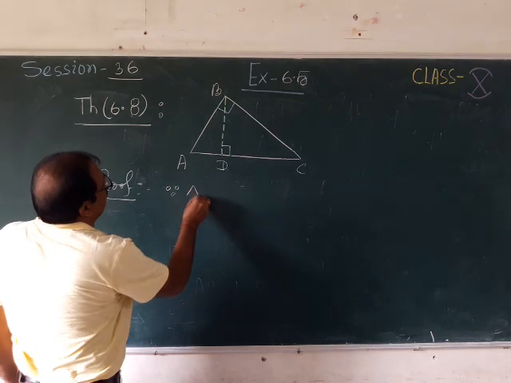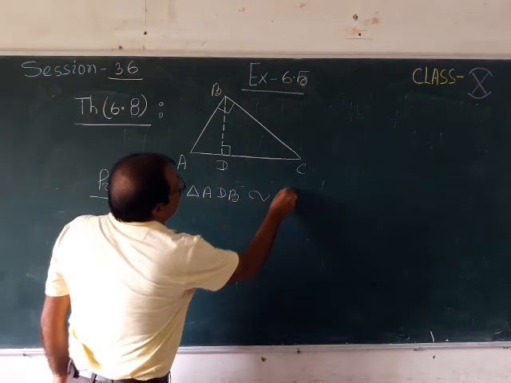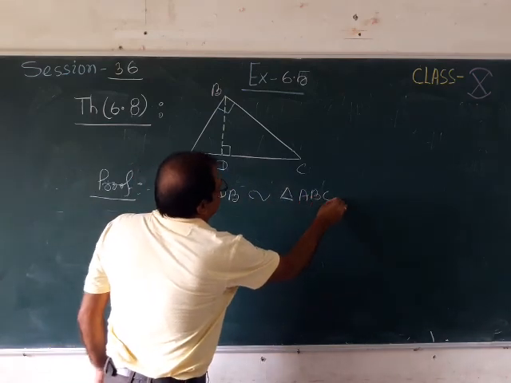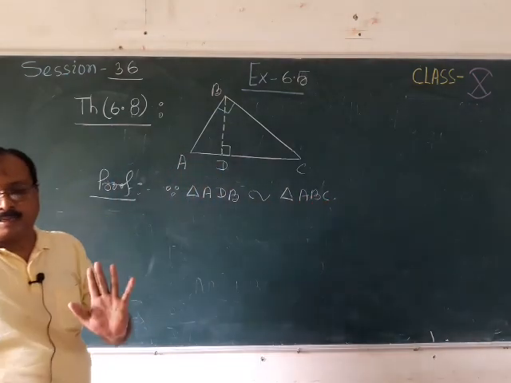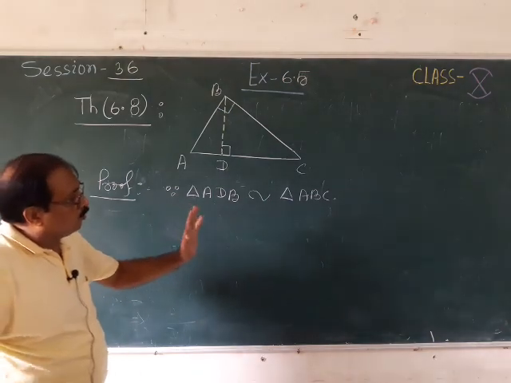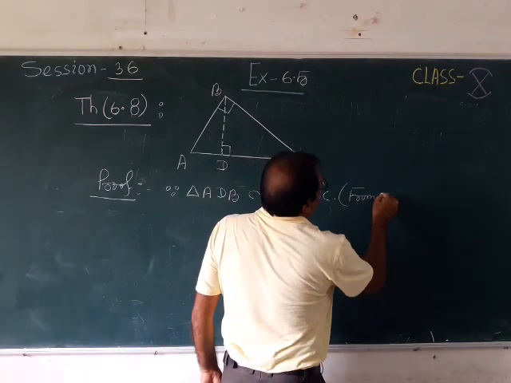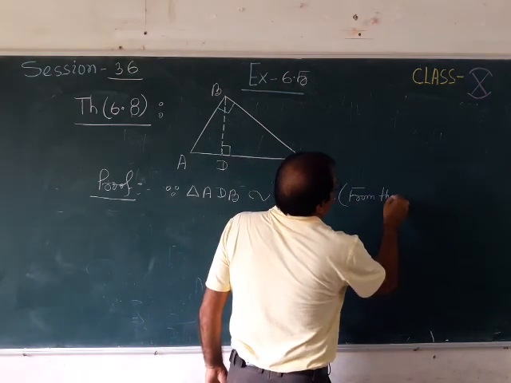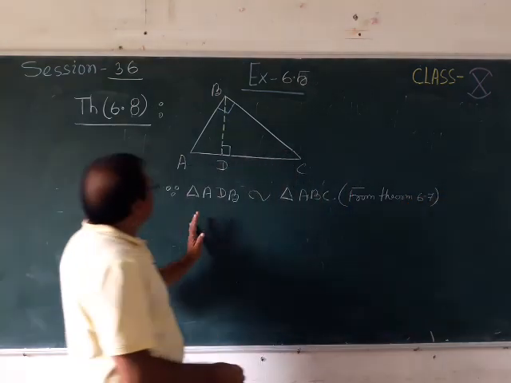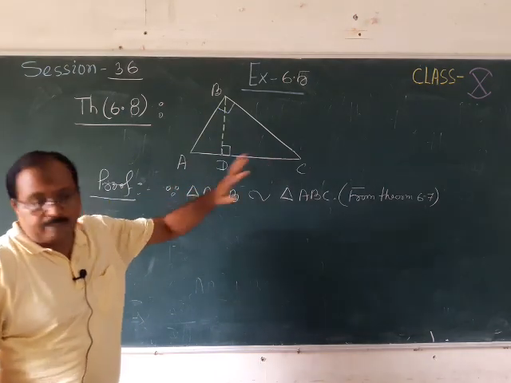Since triangle ADB is similar to triangle ABC, by theorem 6.7, no problem, from theorem 6.7. It is clear that triangle ADB is similar to triangle ABC.